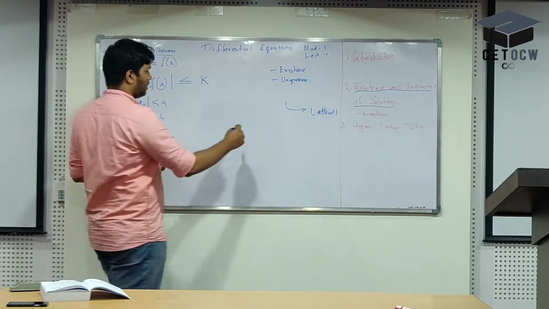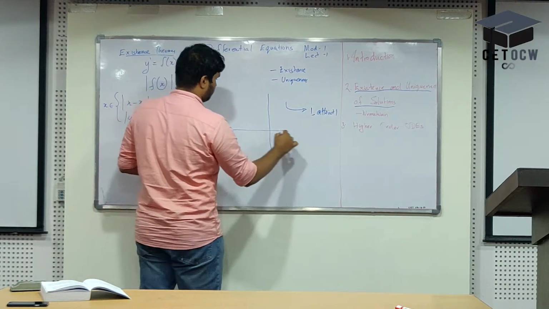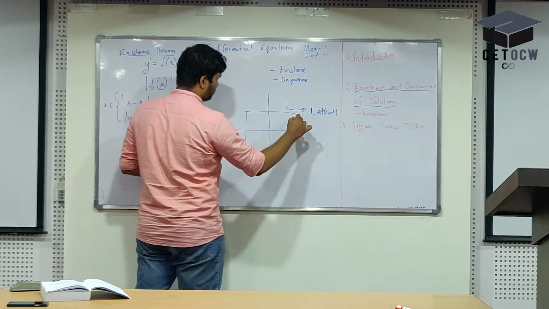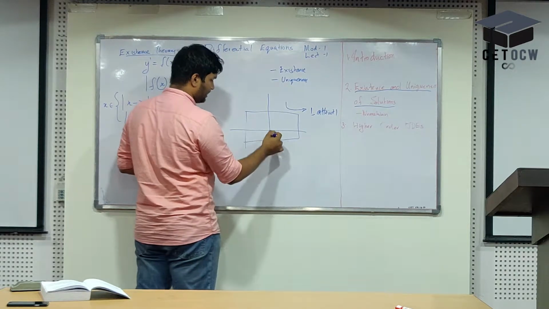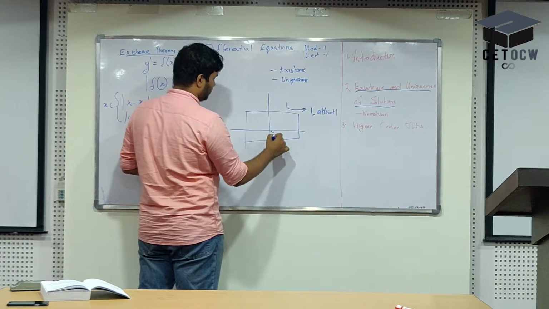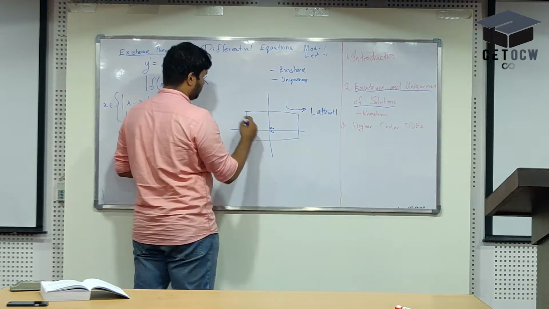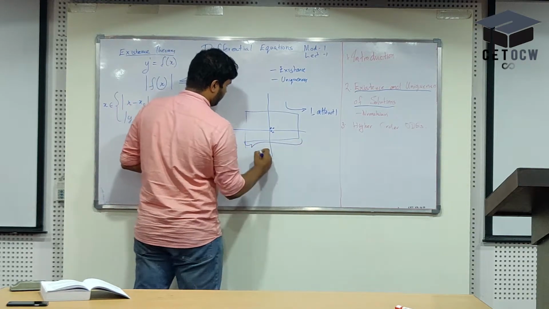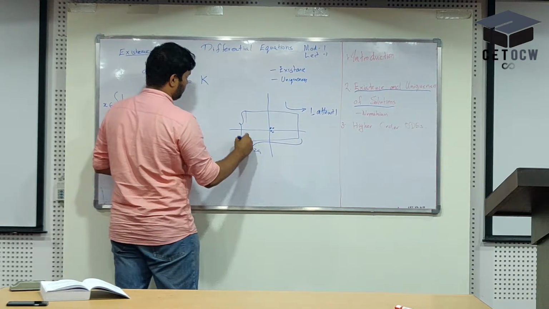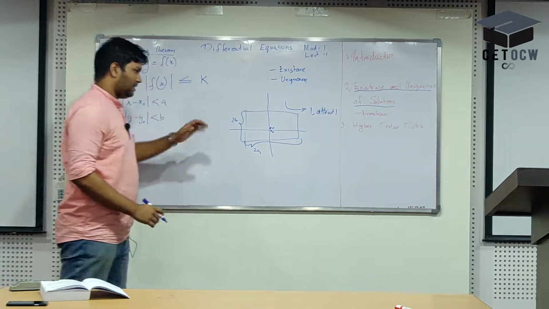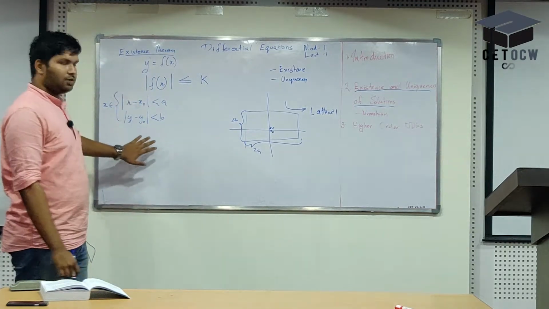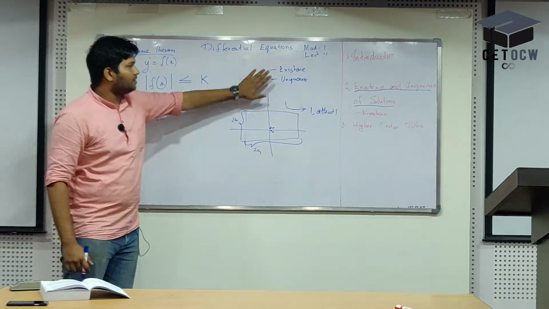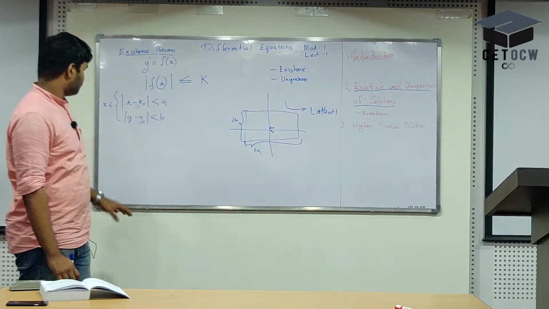So what is this? It says that you are establishing a region, not necessarily at 0, but centered at x0, y0, having a width of 2a and a width of 2b. This region is important to the existence of the solution.